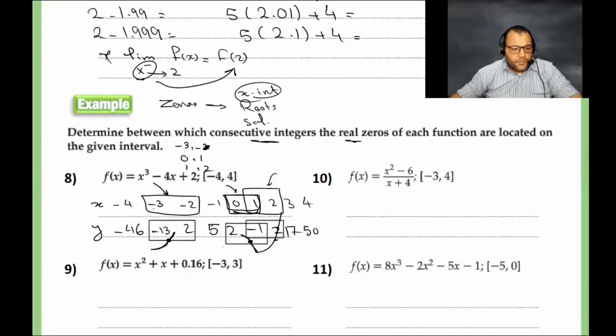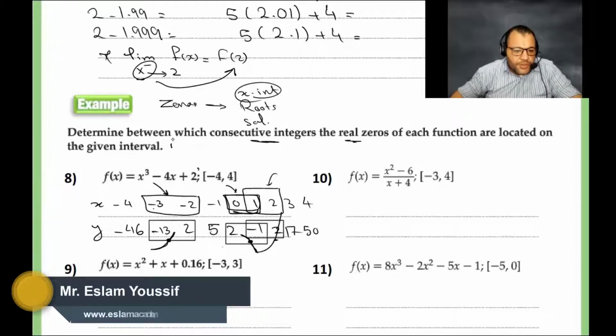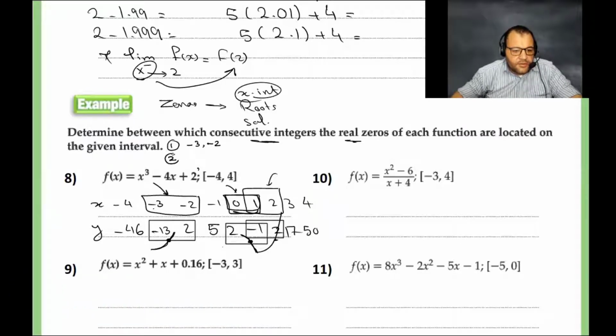The first zero lies between -3 and -2, the second between the consecutive numbers 0 and 1, the third between 1 and 2. That's all. So how can we solve the second one?